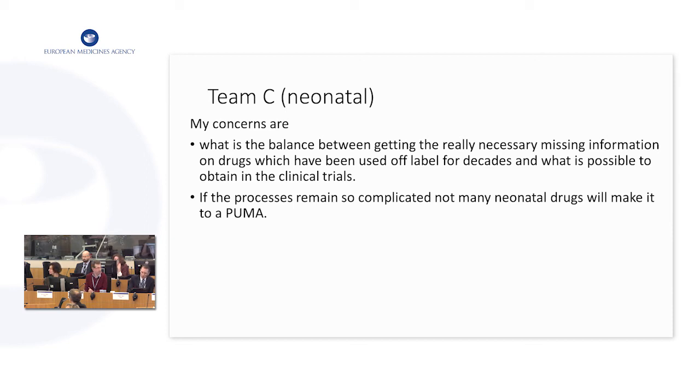So I think this group is saying that either we make it easier to have synthesized information about off-label medicines, or we stop complaining about off-label medicines. Because if we bring all off-label medicines to the same standard as new chemical entities, then that's impossible. So there's a trade-off there that we need to make as a whole community.